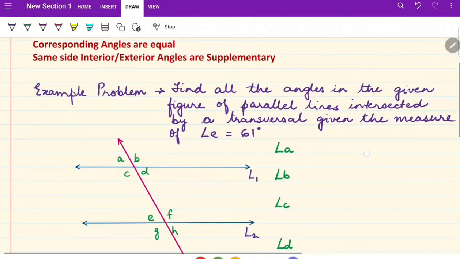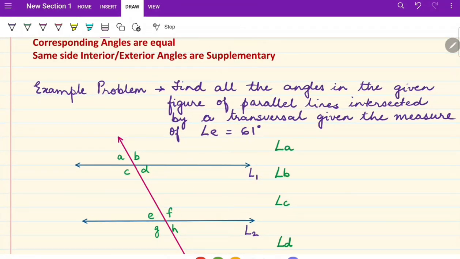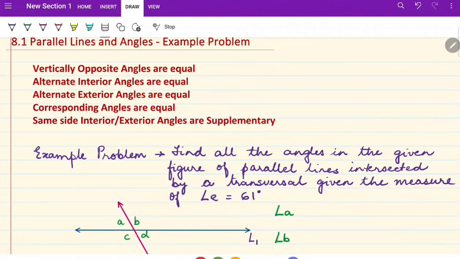Now, before we go on to finding the angle measures in this figure, let's quickly review some of the properties of angles that we had learned for parallel lines intersected by a transversal. We had learned that vertically opposite angles, alternate interior angles, alternate exterior angles, and corresponding angles are all equal.